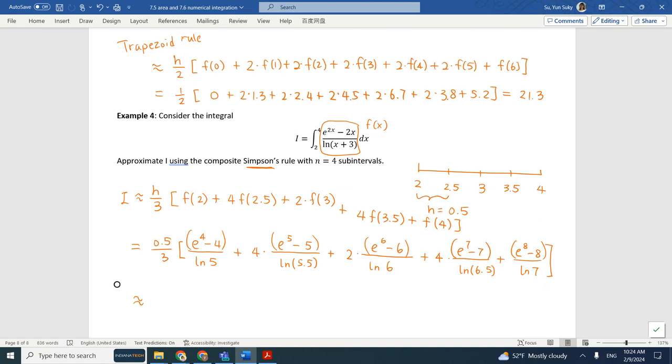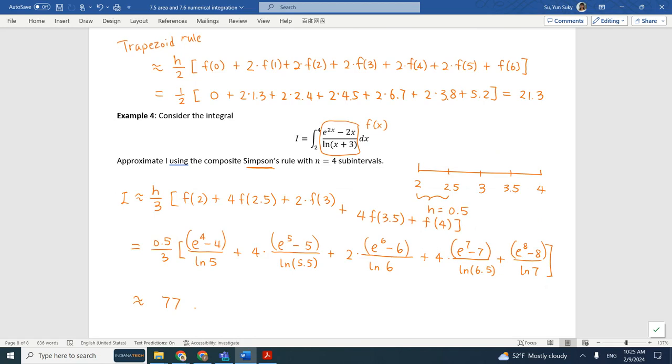I don't know if it's right, but what do you get? 778 point... Give me as many digits as your calculator displays. Okay, 778 point. Oh, this is different than what I got. Then I must have made a mistake. Anyone else? Sarah, what do you get? Did you also multiply by 0.5 divided by 3? Ah, okay. I got a different number.